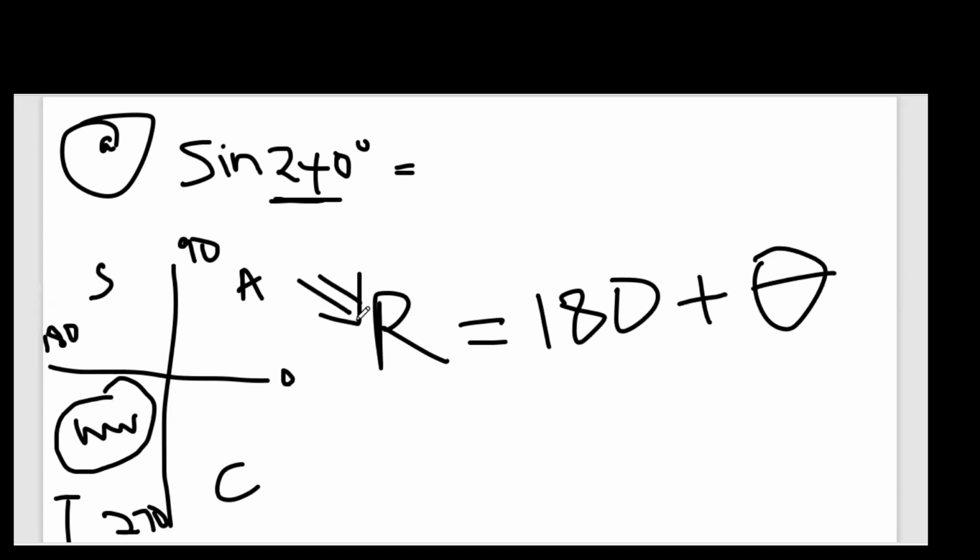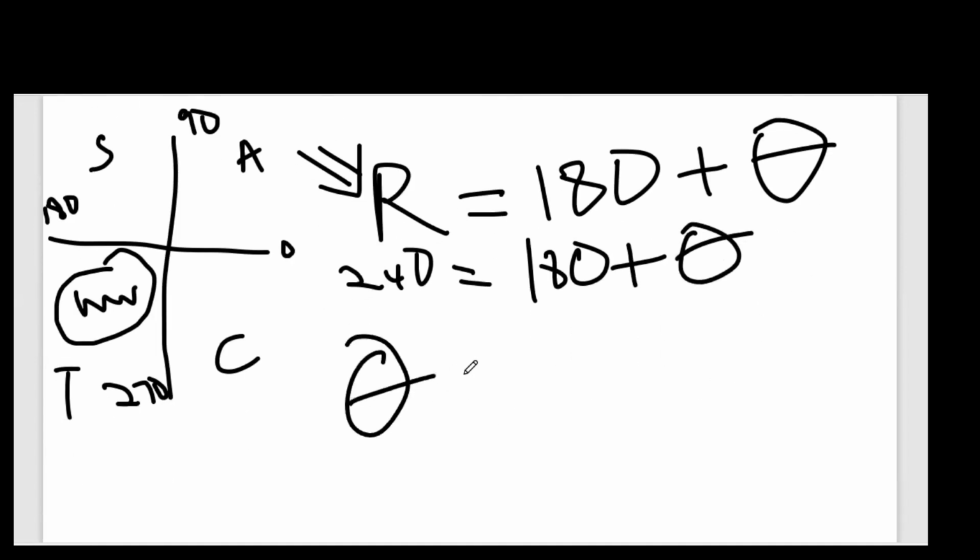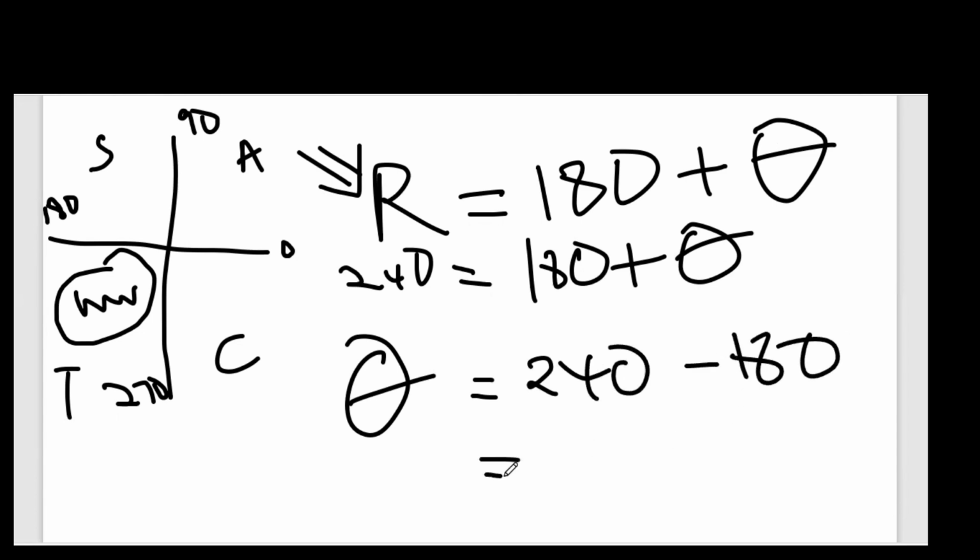So this 240 is our given angle, then it's equal to 180 plus that angle. So my angle is just 240 minus 180. When you do 240 minus 180, what do you get, guys? You get the angle 60.